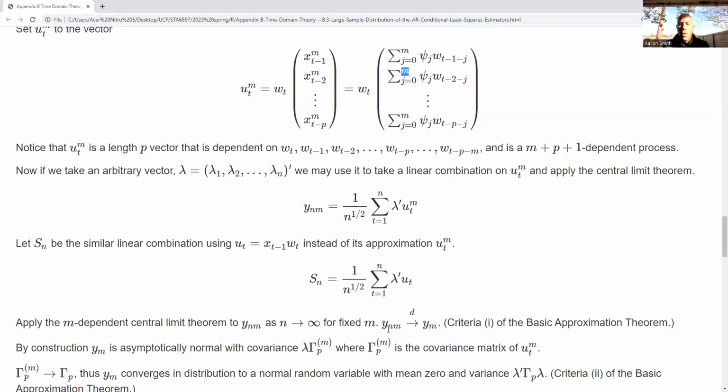All right, well, what's going to end up happening is that this is going to converge. And we're just going to say Y sub m is whatever it is that it converges to. All right, and what's going to happen is it's going to converge in distribution.